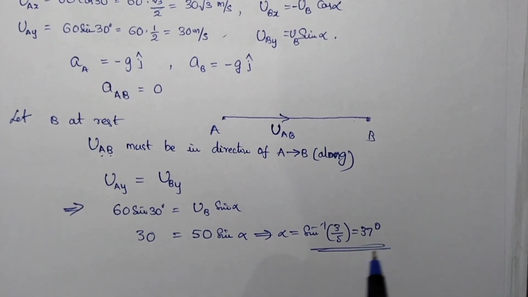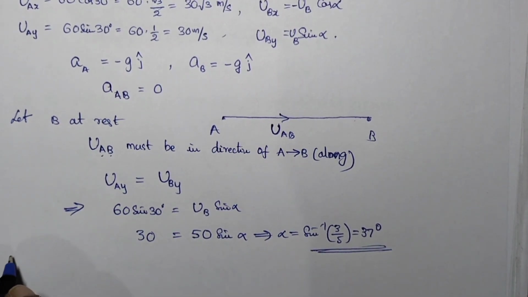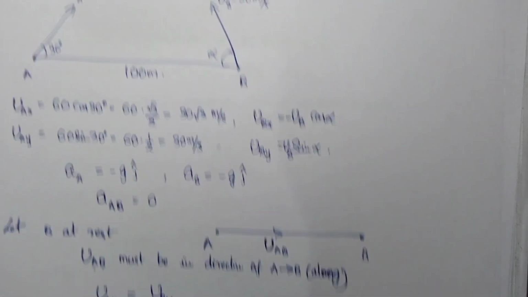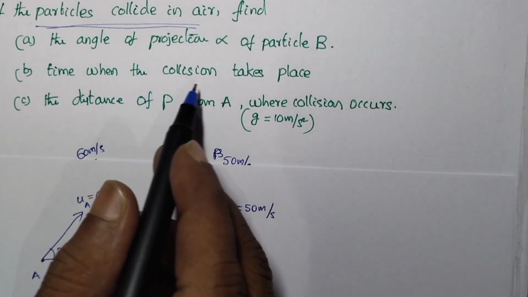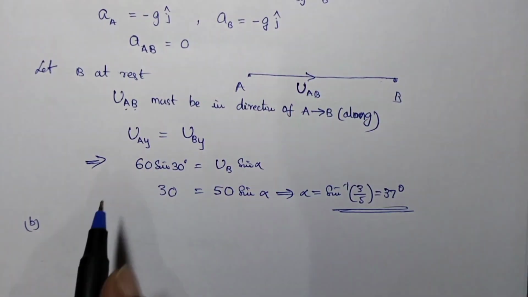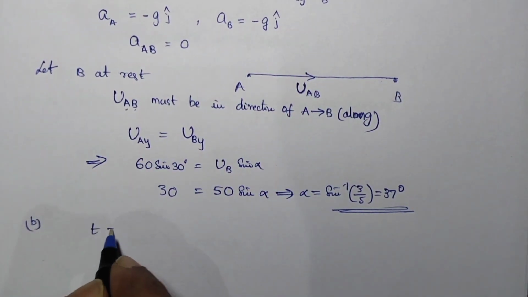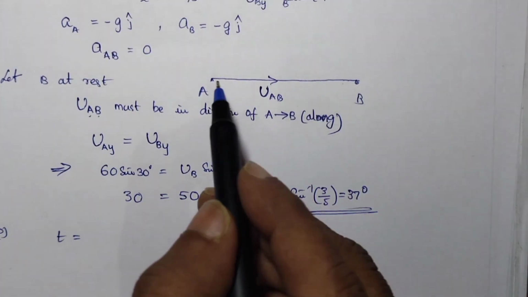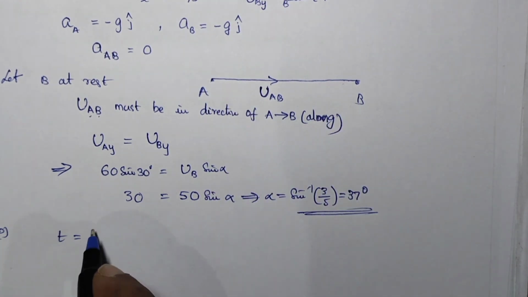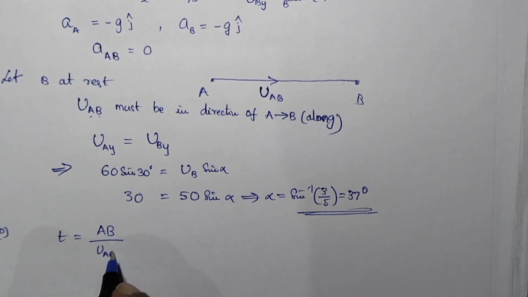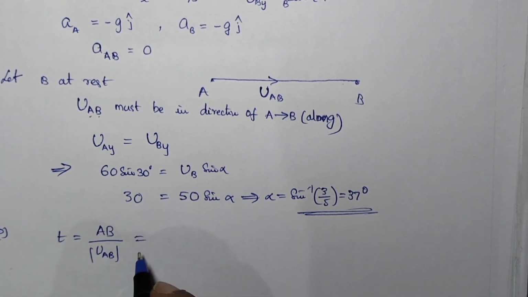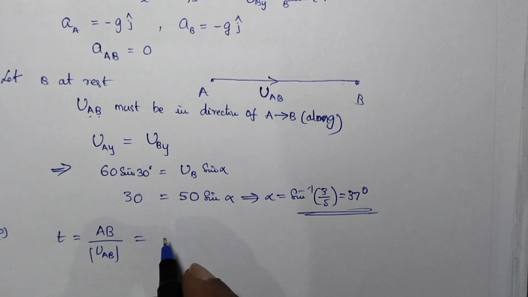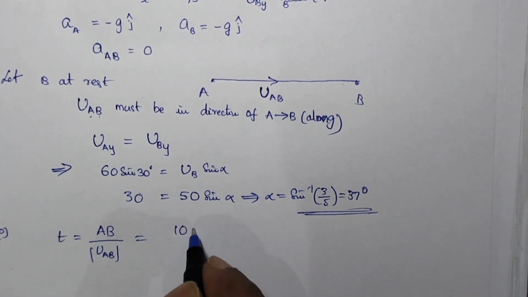This is the answer to the first question, and let us go to the second question. What is the question here? The time when the collision takes place. So time t is equal to displacement traveled along AB divided by the relative velocity along AB, where AB is equal to 100.